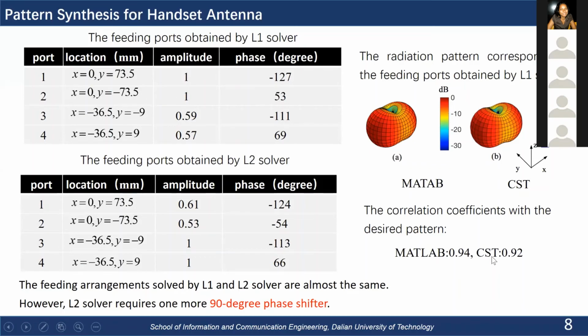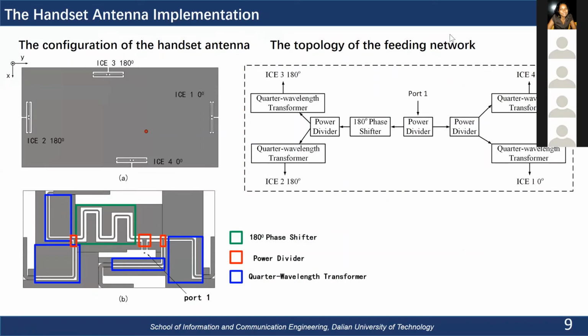So it depends on what the standard you put there is, or what correlation you can stand with. So with these 4 feeding positions, we got 4 ICE inductive coupling elements on the chassis, and the relative phase between the different ports is just according to the information in the table.